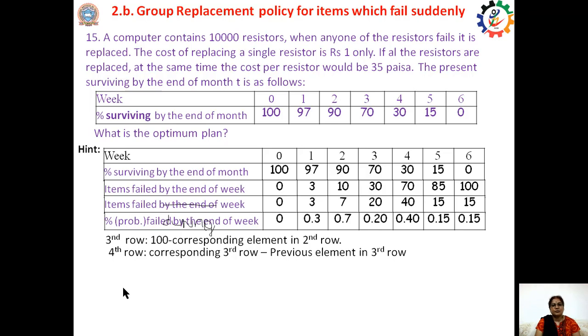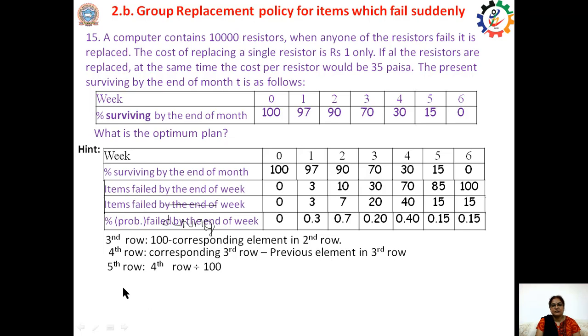Percentage and probability are both the same. Failure during the week, once again, not by the end of the week, during the week. So just divide this by 100. Can you make out, 4th row divided by 100? Why are we not dividing by 10,000? Because the data is based on 100. This is nothing but pi.